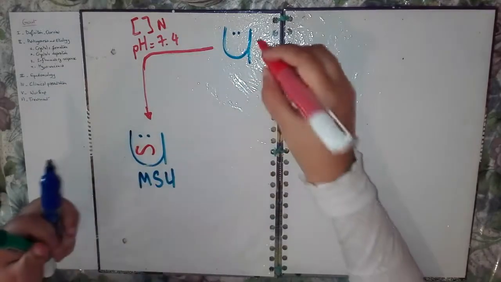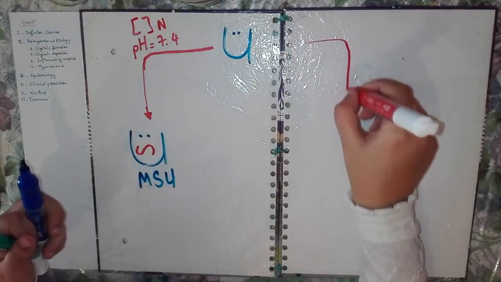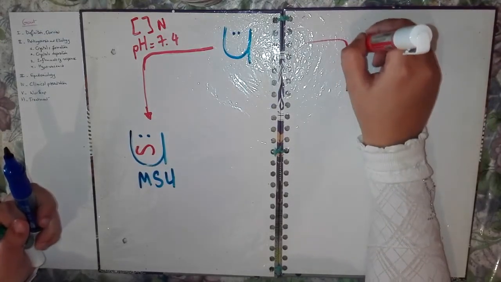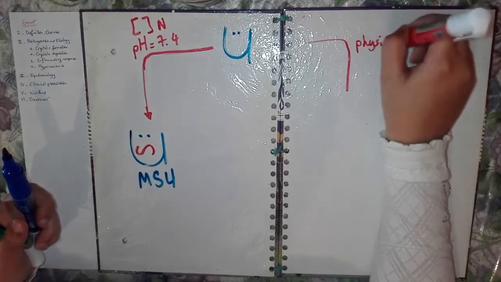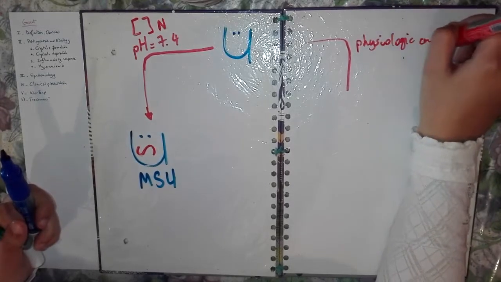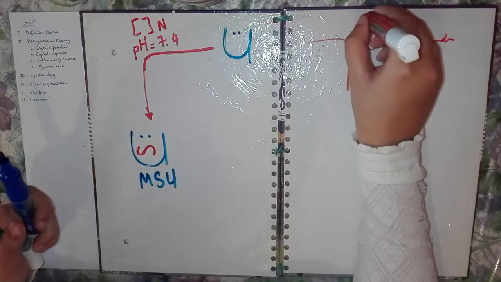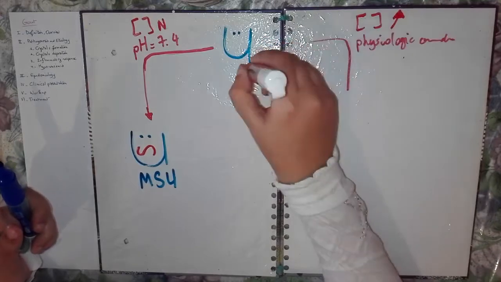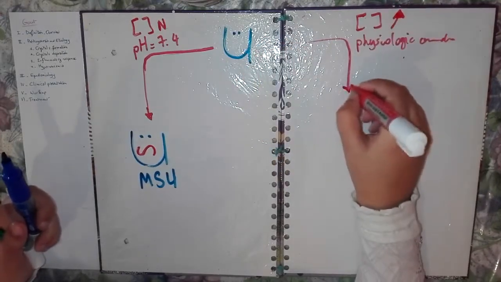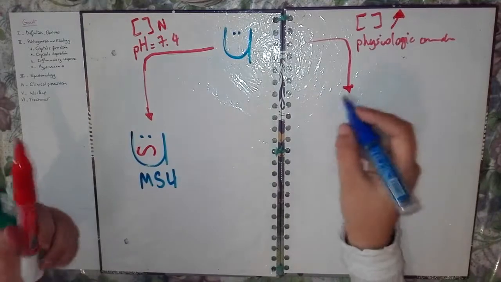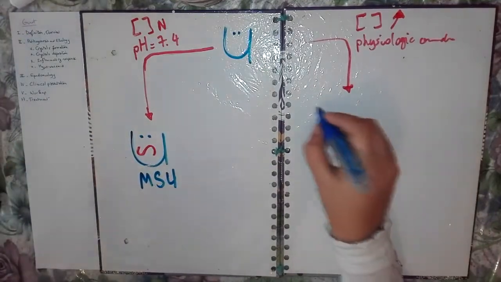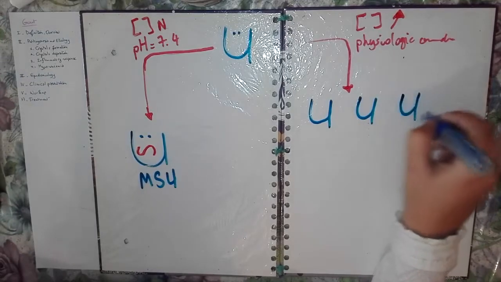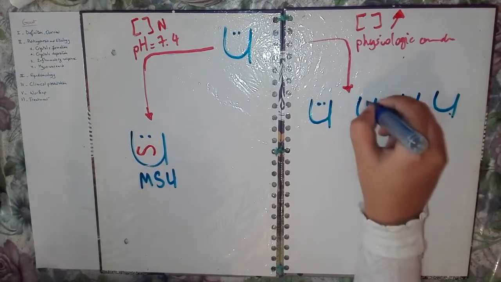Now, on the other hand, if we are always in physiologic conditions, but uric acid levels are increased, hyperuricemia, we are going to have a lot of MSU molecules.